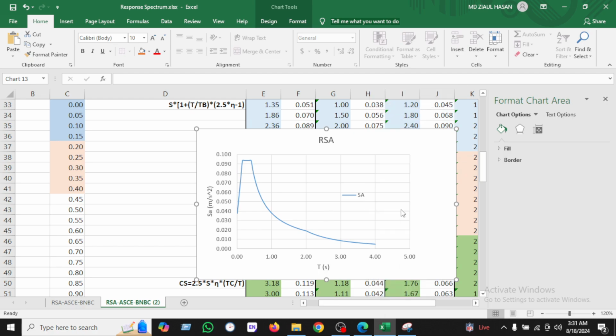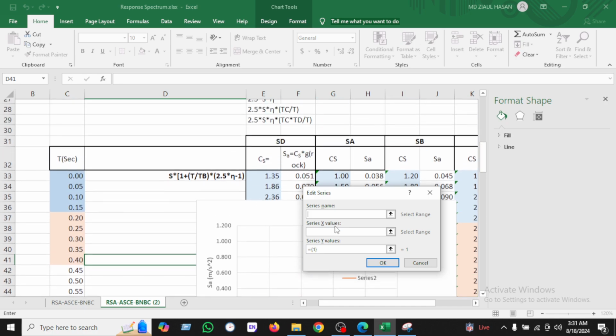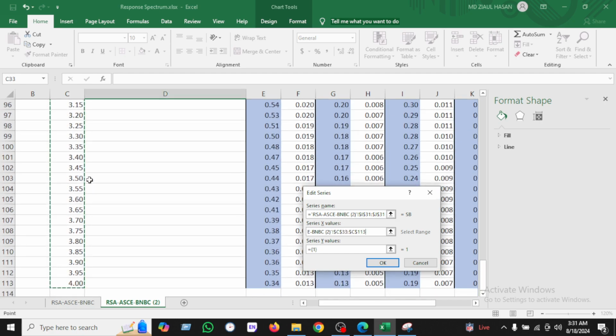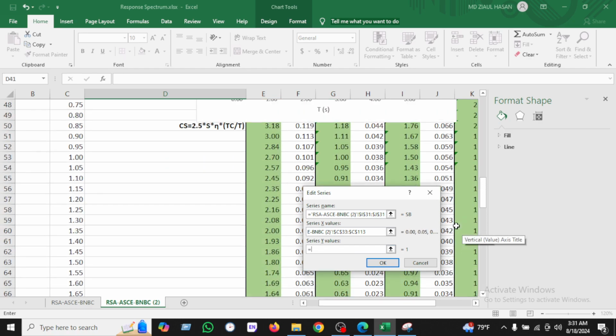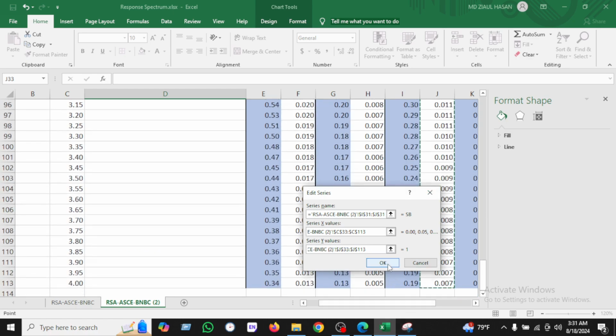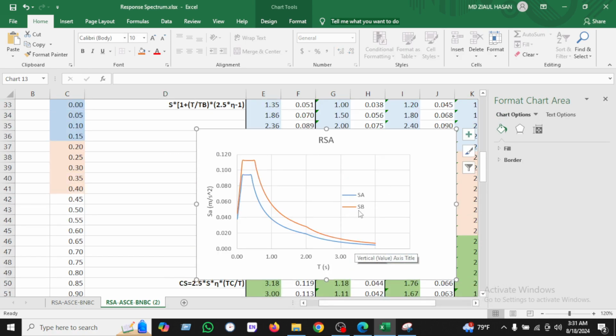In this way we will add the SB axis here, and the y-axis will be the spectral acceleration for SB. Here is SB.